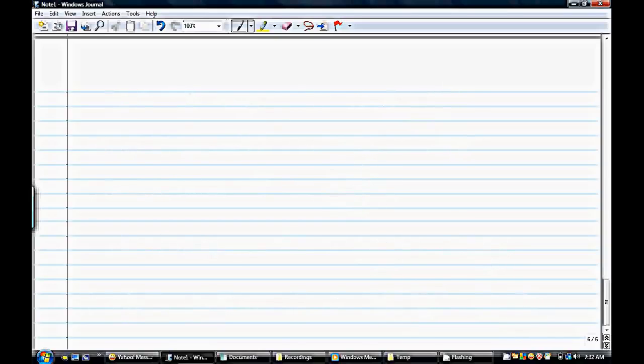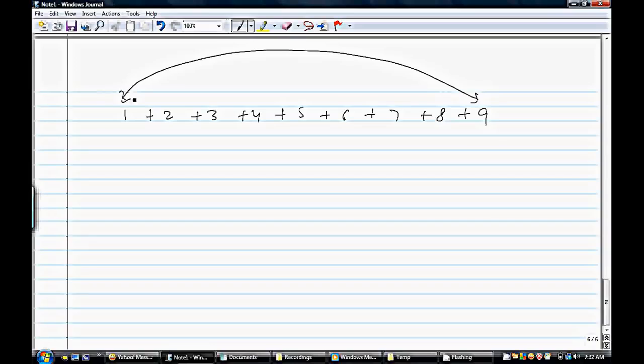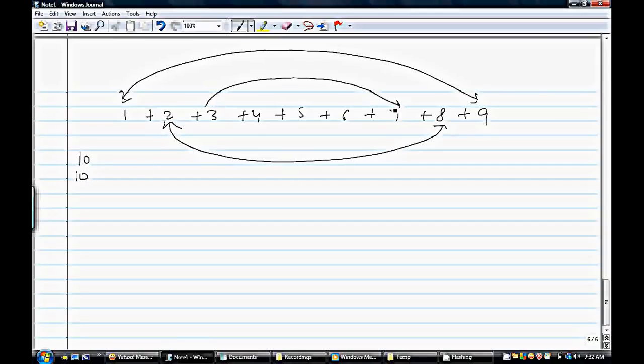let's go to the series again. So we have 1 plus 2 plus 3 plus 4 plus 5 plus 6 plus 7 plus 8 plus 9. You can see that the numbers 1 and 9 add up to 10. Then 2 and 8 again add up to 10, and 3 and 7 is again 10, and then 4 and 6 is again 10, and I'm left with 5.